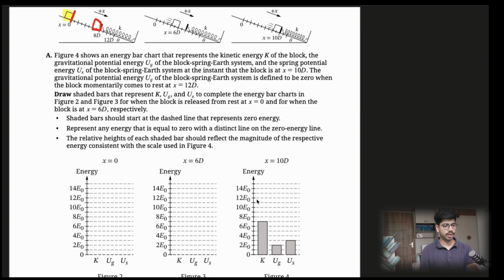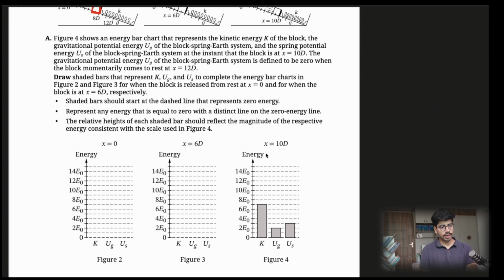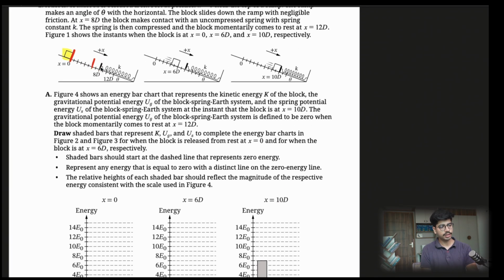The first part, part A, that they are telling us about. They have already given the energy block diagram for the position at 10D. Remember, at 8D there is no compression. This is the unstretched position of the spring.